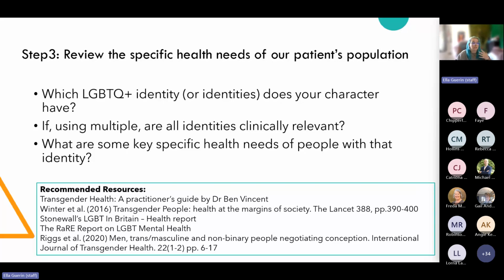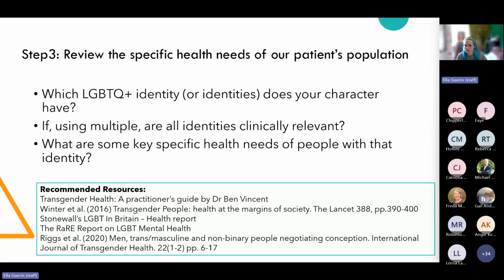There's also some really good information in there with quotes directly from people about their experiences and their healthcare needs that are very thought-provoking, but also can help you bring that real personalized aspect to a character and some more authenticity as well. You could take those quotes, for example, and introduce them as something your patient character has said to you as the clinician, to inspire some conversation about, well, what's actually going on for this person and where has this come from?